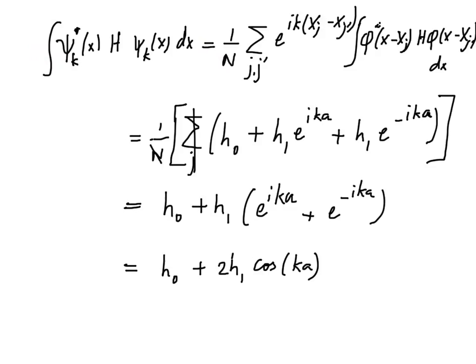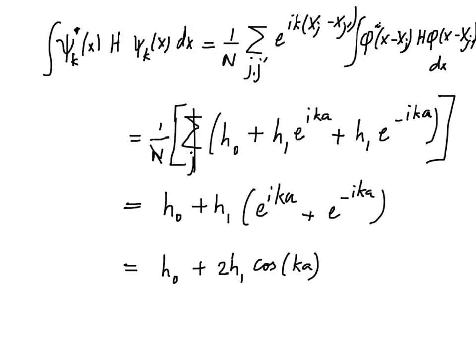So this entire expression has become this simplified one, and you can pull the h1 out of this piece over here, and you get e to the i k a plus e to the minus i k a, which is nothing but 2 times cosine k a, and so we get this as the final expression for this integral.